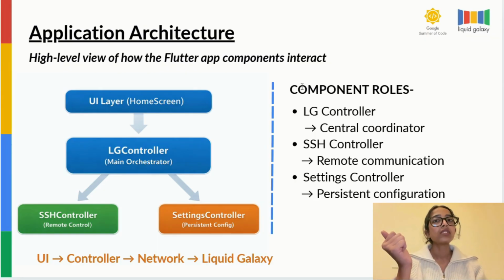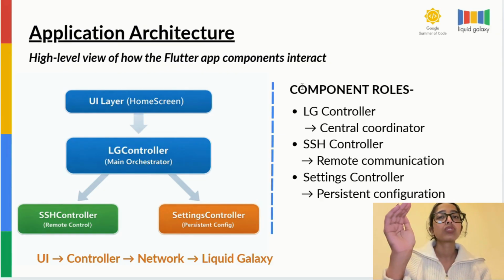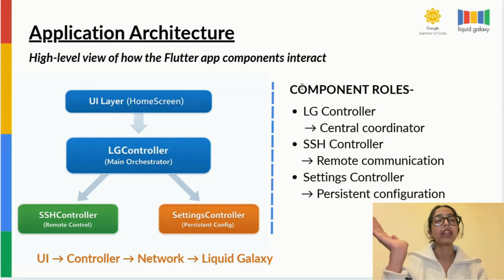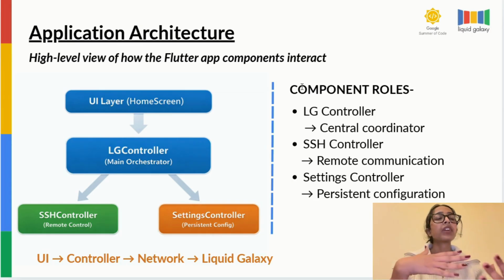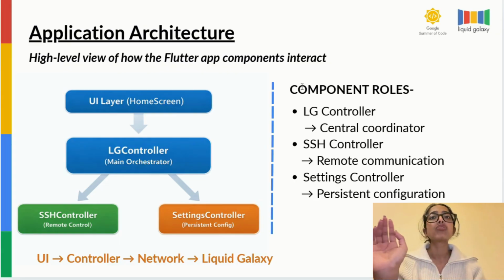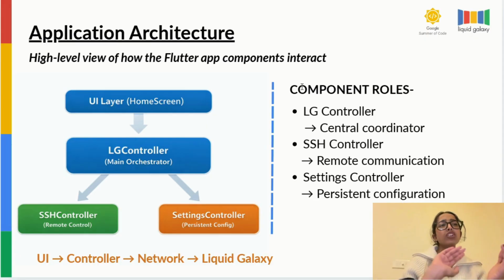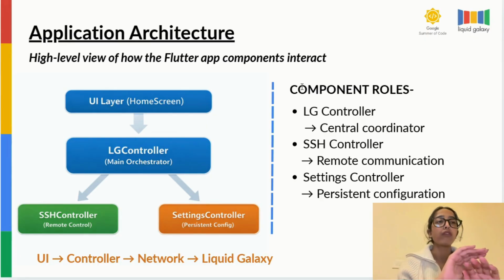Now, one important design decision I made was that the UI should not directly communicate with Liquid Galaxy. Instead, every action from the UI goes through this central component called LG controller. You can think of LG controller as the main control hub of the app.